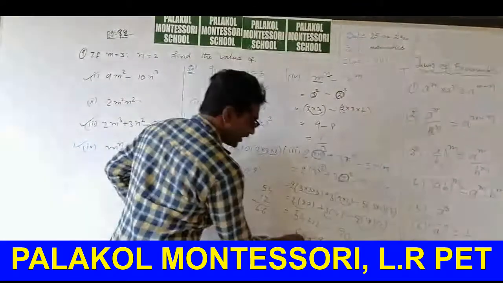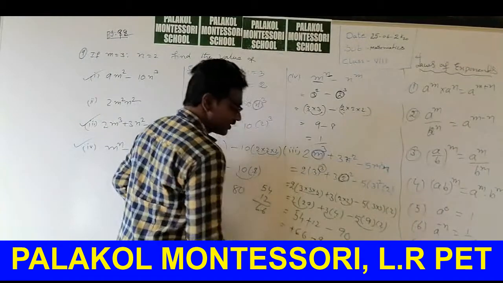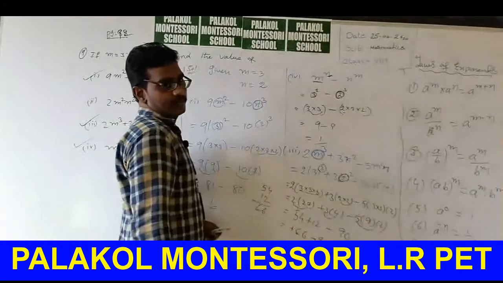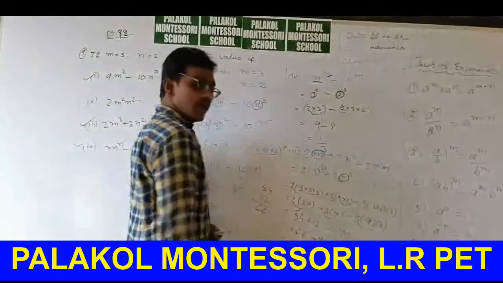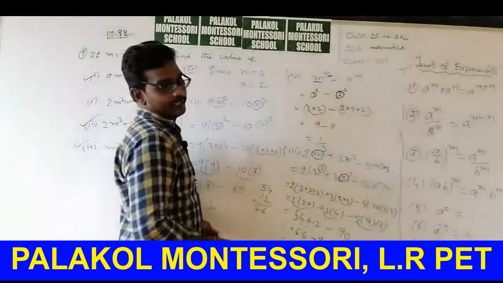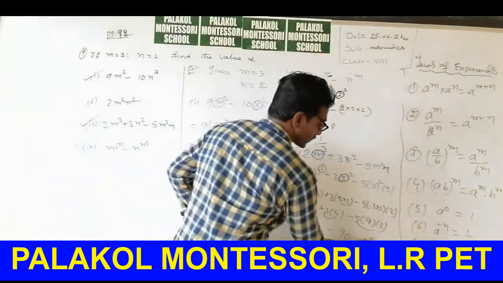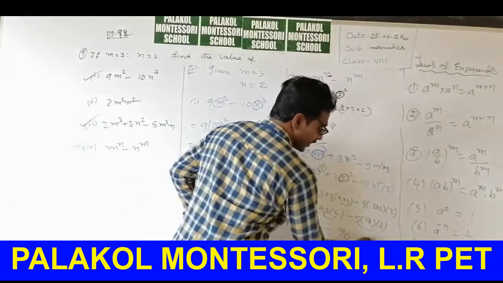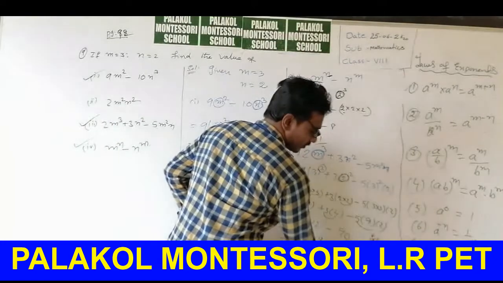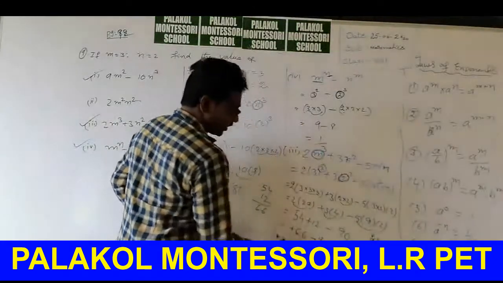This one has a minus sign, but this one has a plus sign. So which one is the greatest number? 90 is the greatest number. That sign you write first. After that, 66 is subtracted from the 90. So 90 minus 66 becomes 24, so the answer is minus 24.